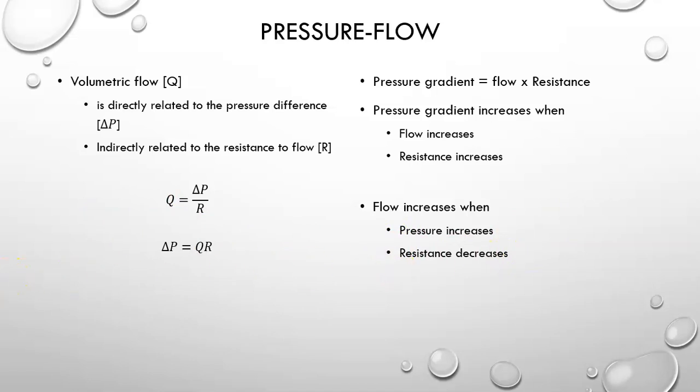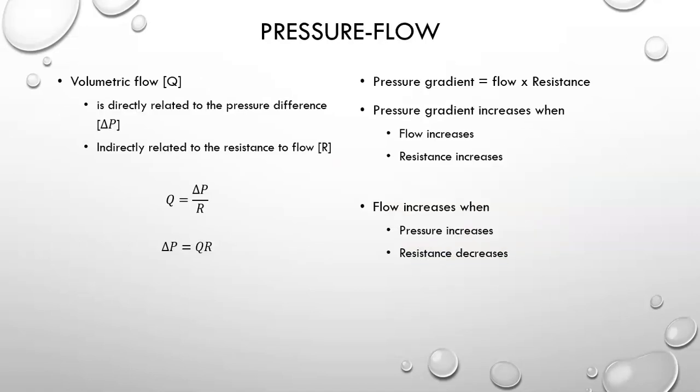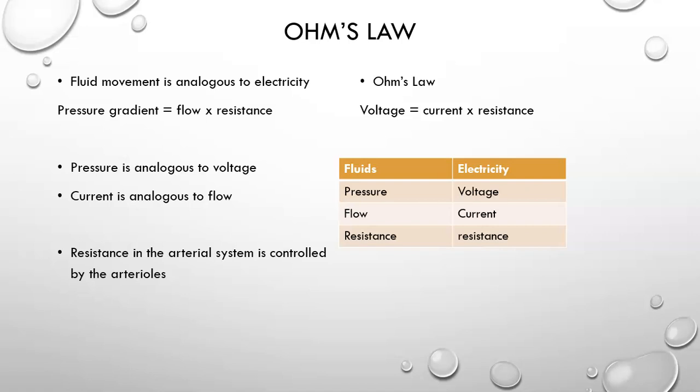Many times, for some reason, and I do not know why, ultrasound educators want you to know that this volumetric pressure flow equation, which is Q equals delta P over R, is essentially equivalent to an electrical phenomenon we call Ohm's law.